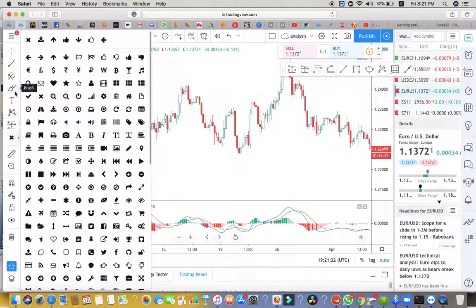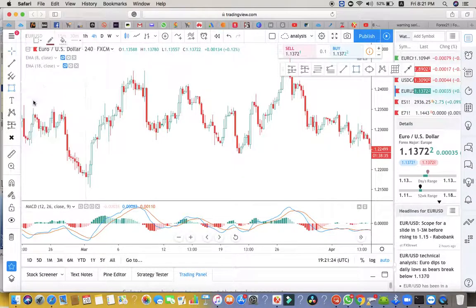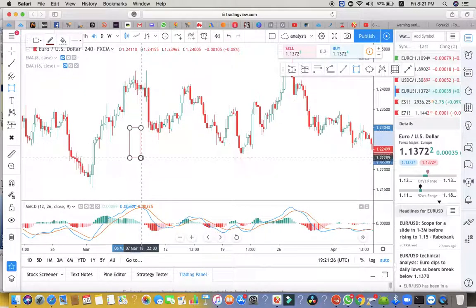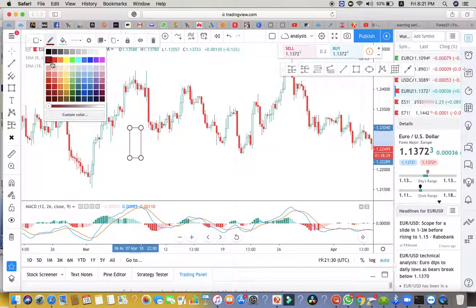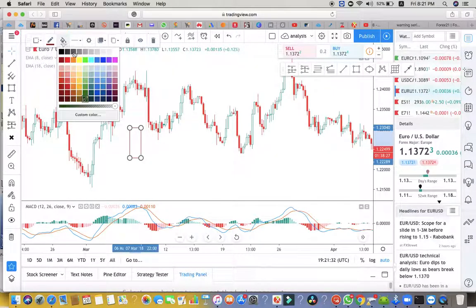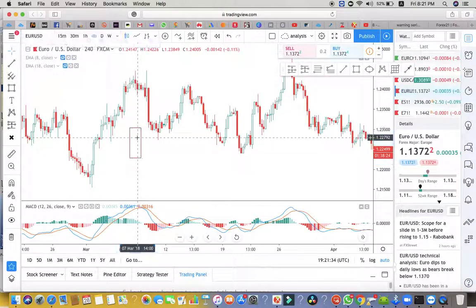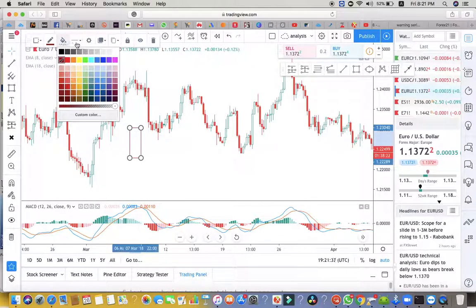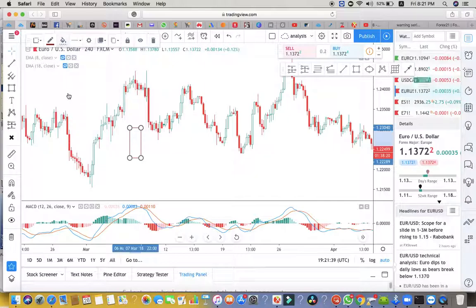please listen attentively. This is one of the most important parts. Now we have something like this. Let's say we have a red candle. I need to really identify this.